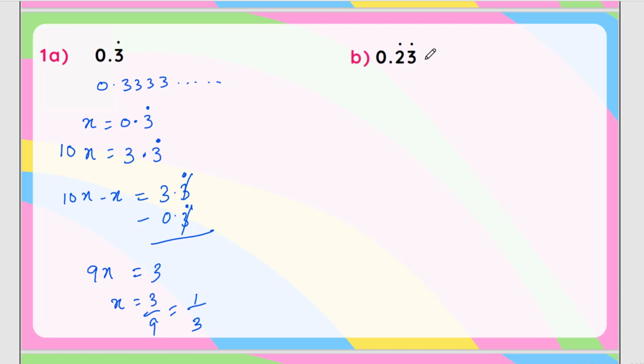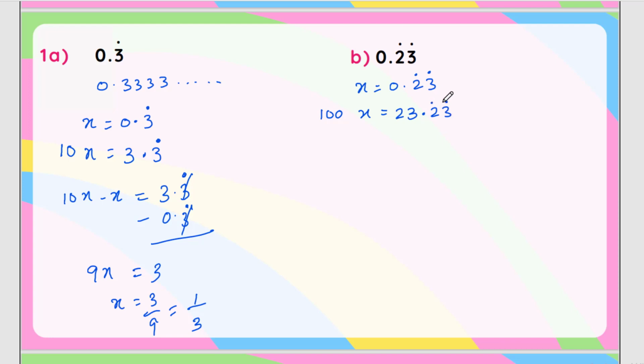Suppose you are having two digits like this, so here x equal to 0.23 dot dot, which means 23 keeps on repeating. Here how many recurring digits are there? 2 recurring digits. So which number should we multiply with? We should multiply with 100. Then only these recurring digits will come before the decimal point. So 23.23 dot dot.